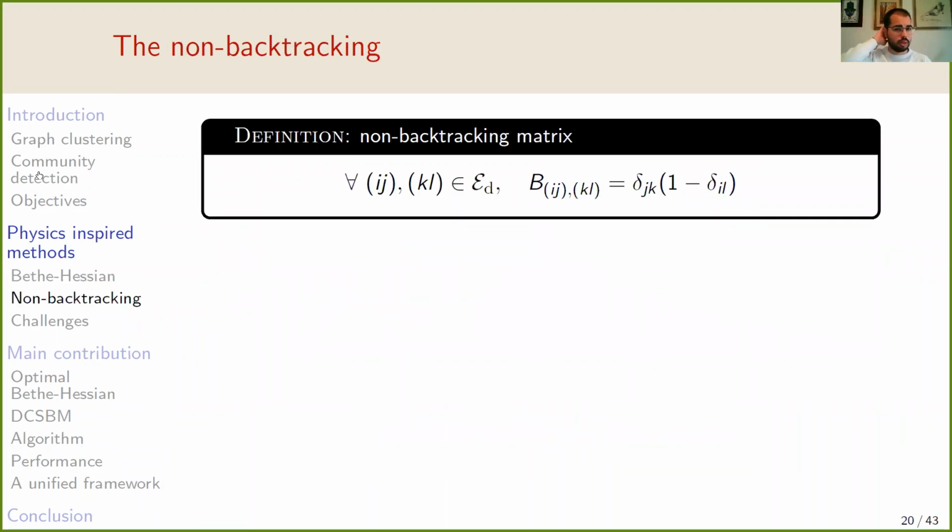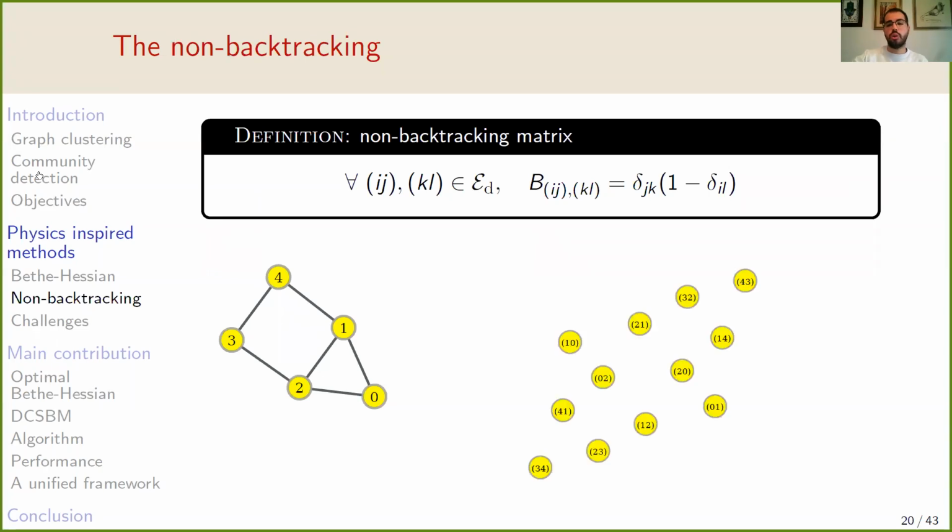Closely related to the Bethe-Hessian matrix is the non-backtracking matrix, which is defined on the set of directed edges of the graph. And the simplest way to visualize its definition is by considering once again the simple graph. Now, we have to map each directed edge of the input graph into a new node. So node 1 is connected to node 4, we will find a vertex called (1,4) and a vertex called (4,1).